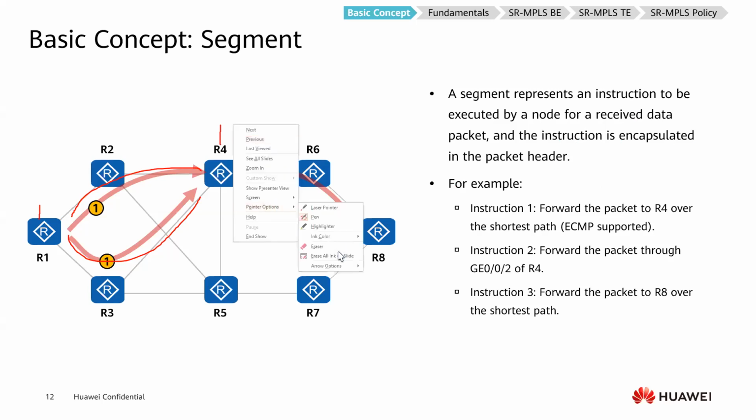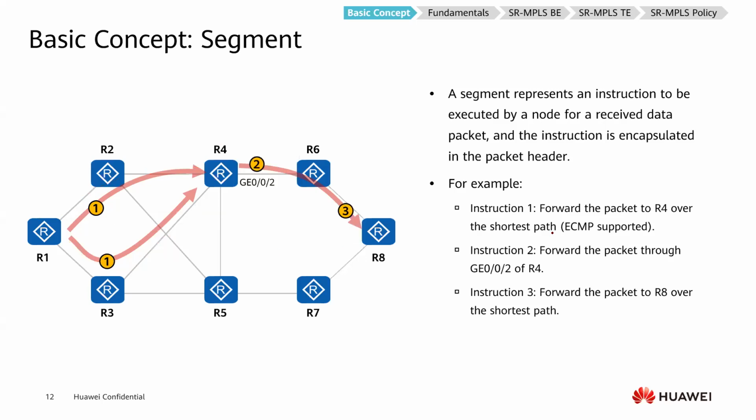So for example, I have instructions 1, 2, 3. Each instruction tells us where this packet should be sent. For example, instruction 1 is to send from R1 to R4. You might have two paths, path 1 and path 2.